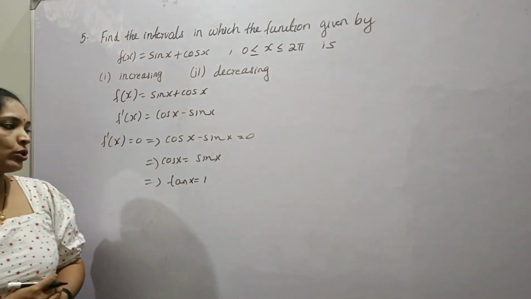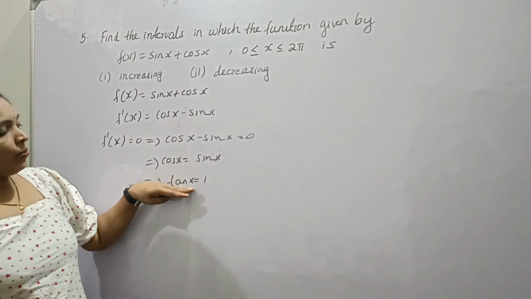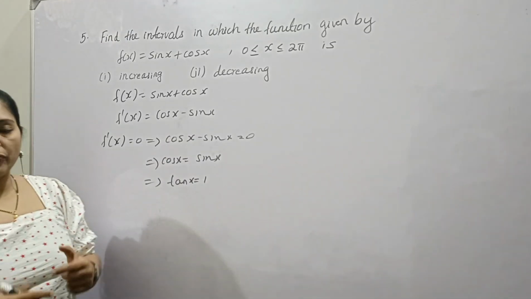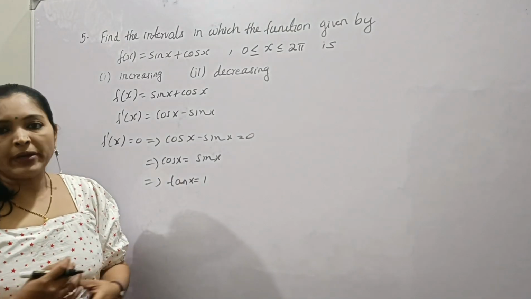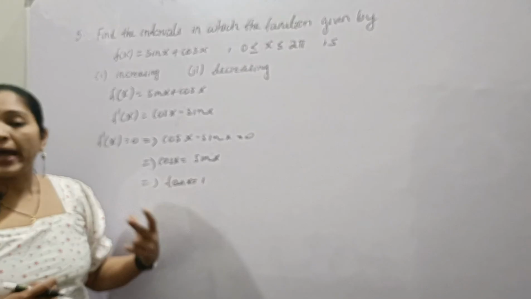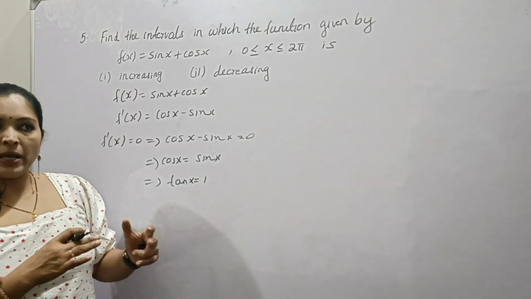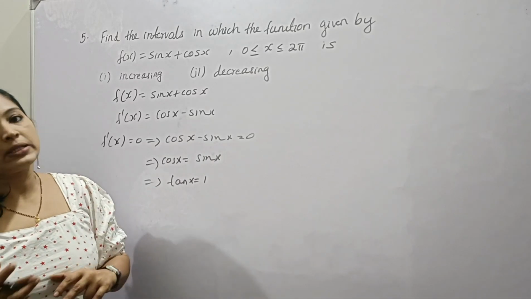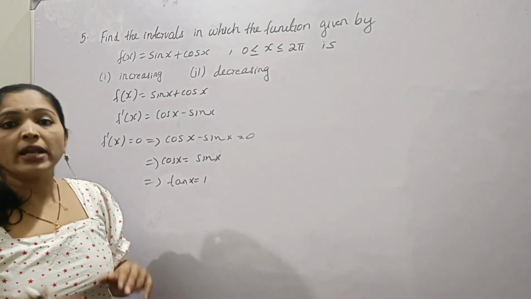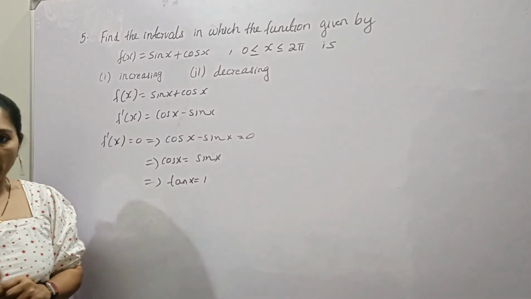So what is the value of x? We know that tan is 1 at pi by 4, right? So tan pi by 4 is 1. And one more: pi plus pi by 4, that is 5 pi by 4. Pi plus means third quadrant, and in the third quadrant tan is positive. Therefore tan 5 pi by 4 is also 1.